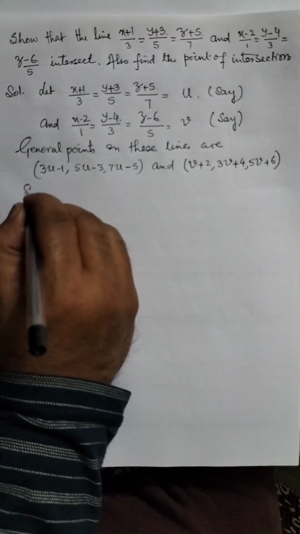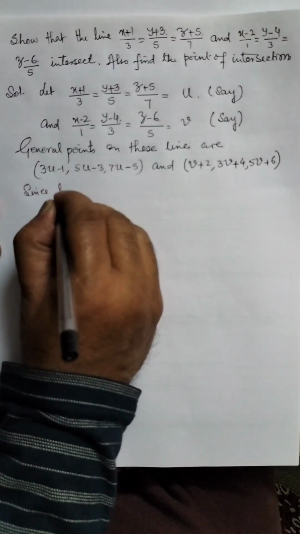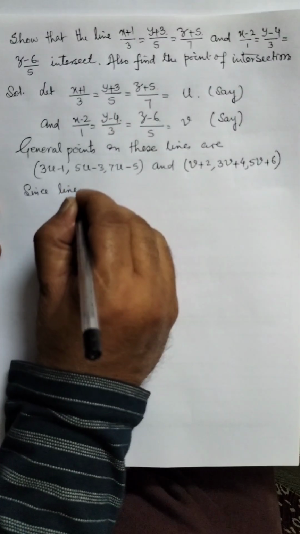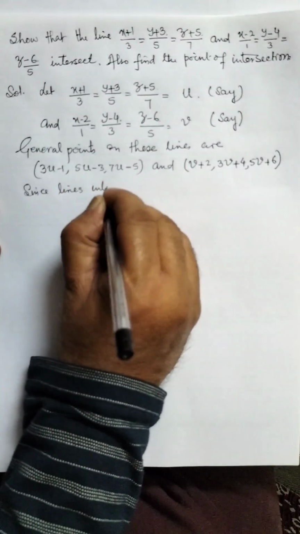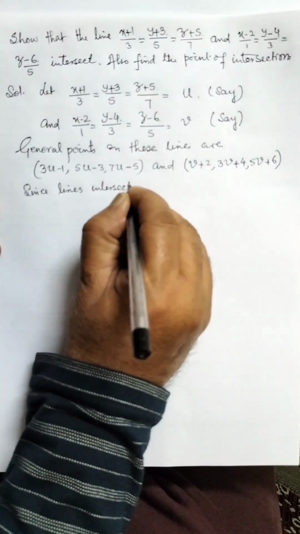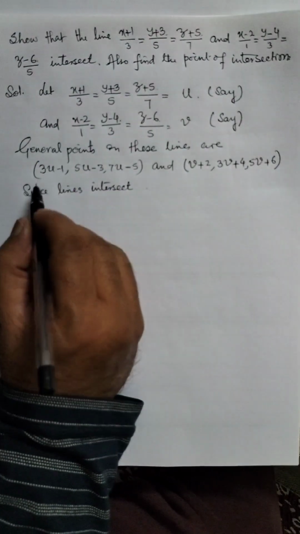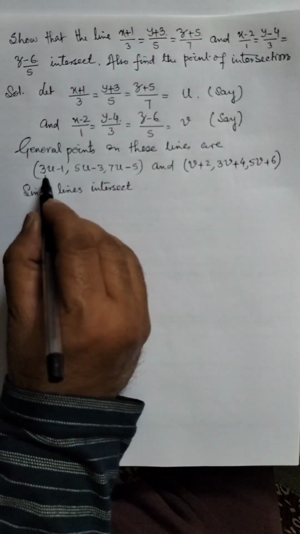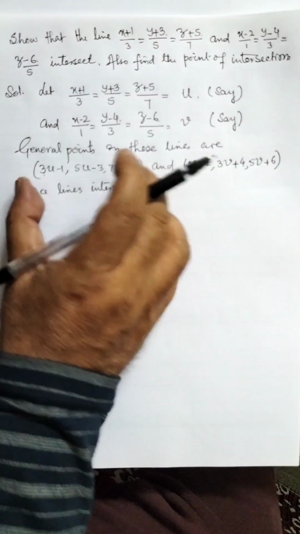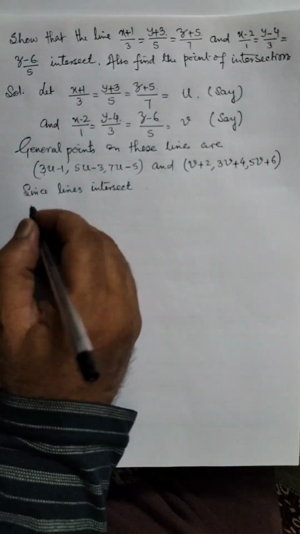Now since the lines intersect, that means at the point of intersection these 2 points will have the same coordinates.